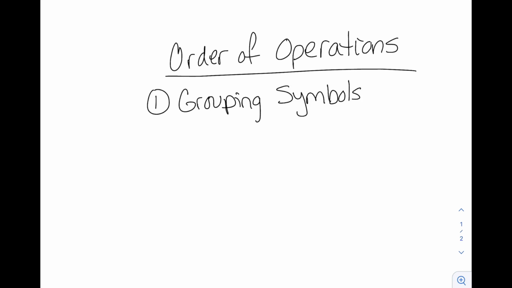It is the fraction bar, absolute value, brackets, parentheses, all of those things are grouping symbols. The whole fraction bar, make sure you remember. So when we're doing grouping symbols, we do all the grouping symbols first. After we do that, we do roots and exponents.